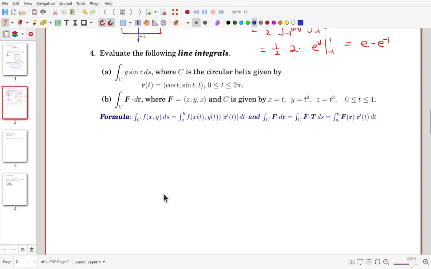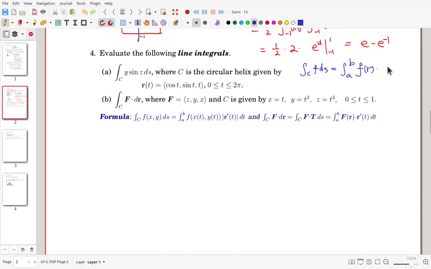Evaluate the line integral. For scalar functions, once we try to evaluate the integral over C of f ds, once C is parameterized and t is moving from a to b, then that must be f of r of t as a function of t.